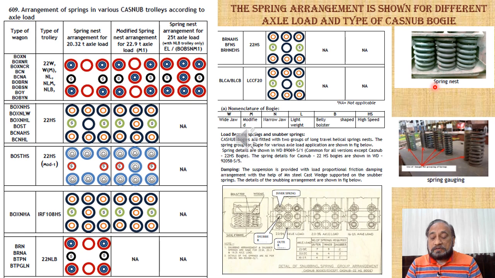Each bolster or each trolley has two nests on left and right side, and similarly the other trolley also has two nests of springs on left and right hand side with equal number of springs on each nest according to the type of wagon, the type of trolley, and the axle load.